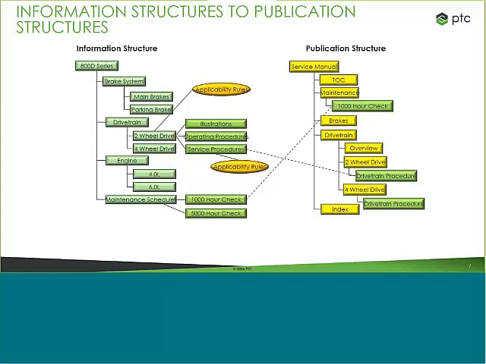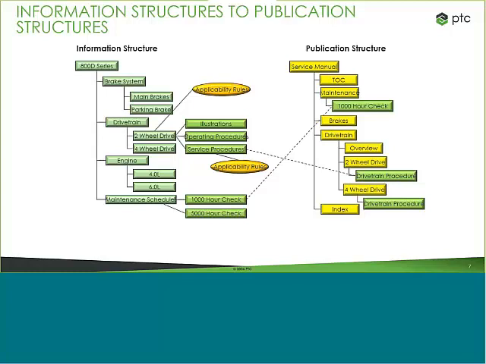And then when you create your publication structure, you're pulling in specific pieces of information that you want to have, in this case, in your service manual. So it will only pull in specific service procedures, not all of the service procedures for that vehicle.